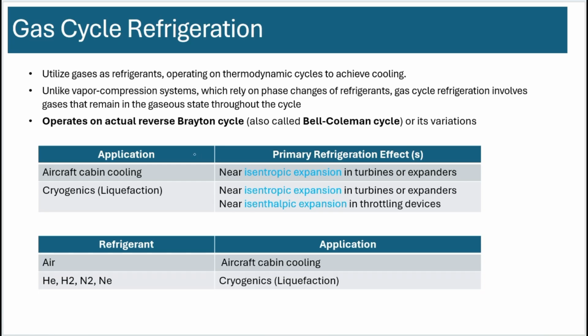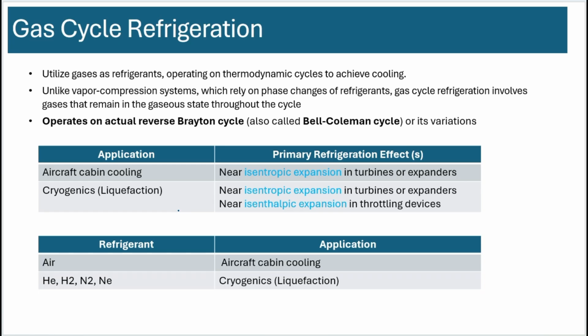Typically, the refrigeration effect involved in such cycles is basically gas expansion. When the gas expands, it cools, and the cold gas removes the heat from one place and transfers the heat to a warmer place.